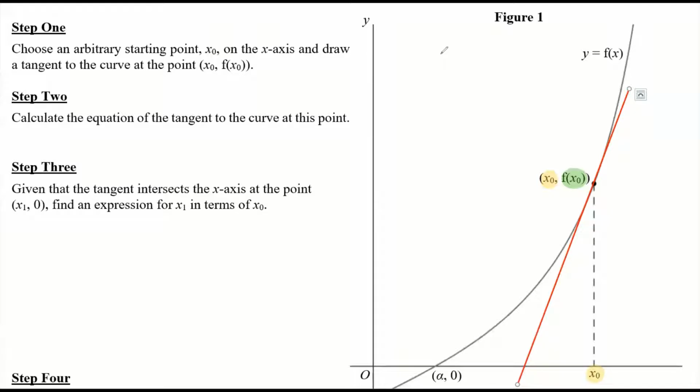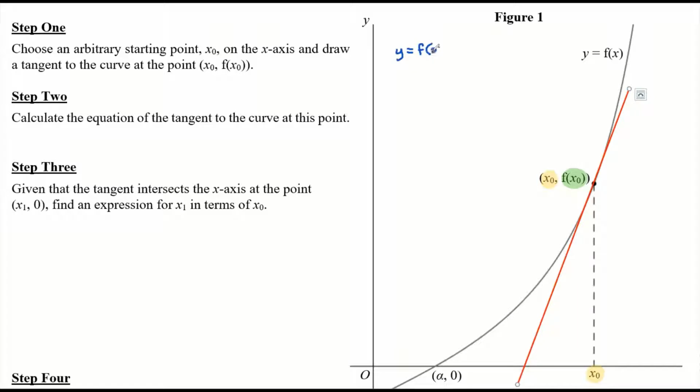So this is going on to step 2. We've drawn the tangent at the given point, and to calculate the equation of the tangent, we just need to do a few things. So I'm just going to do this in the space above the graph. So we know that y is equal to f of x.